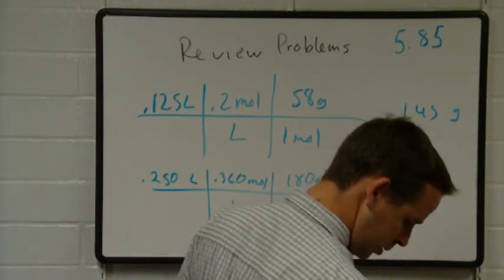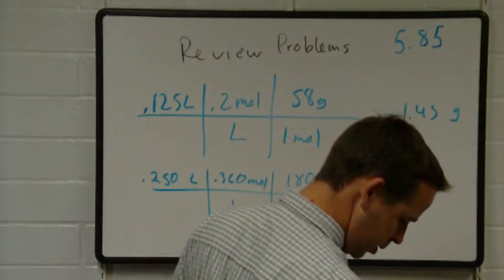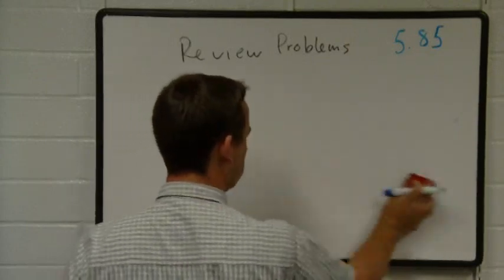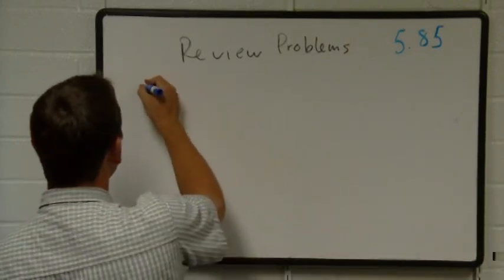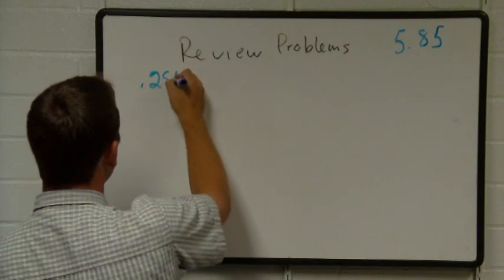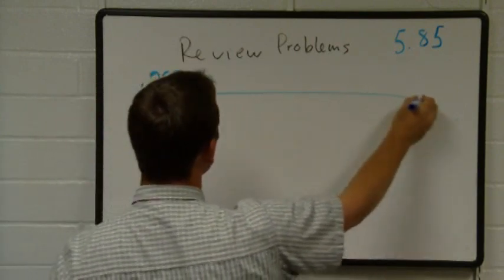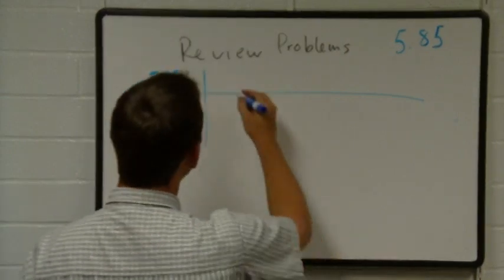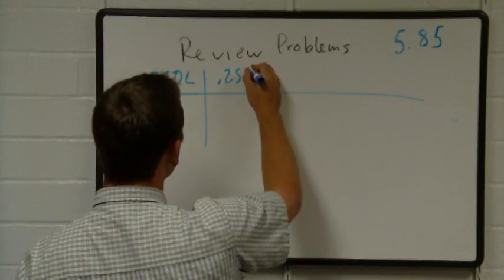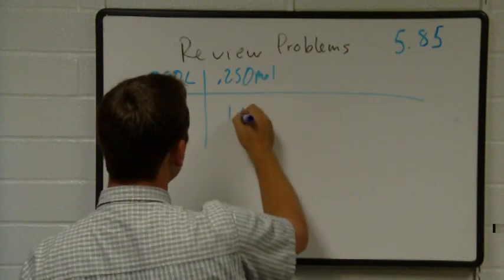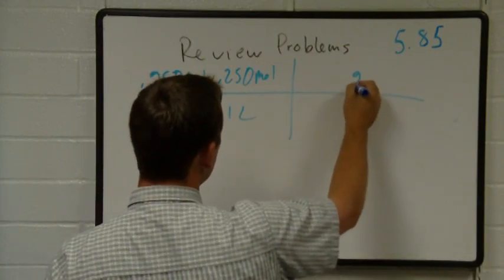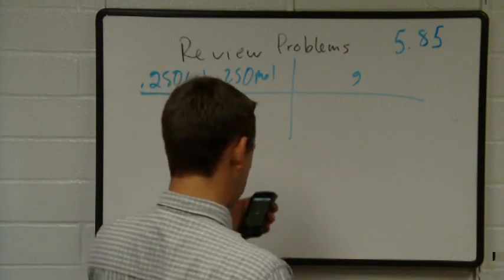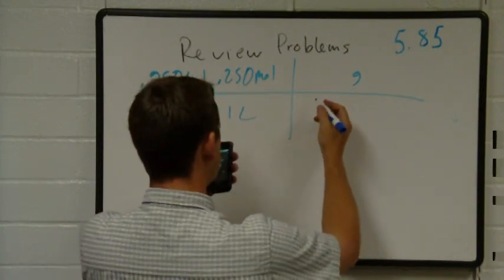All right, C, 250 milliliters of 0.25 molar sulfuric acid. 250 milliliters, or 0.250 liters, 0.25 moles per liter, and this many grams, so we need to know the molar mass of sulfuric acid.